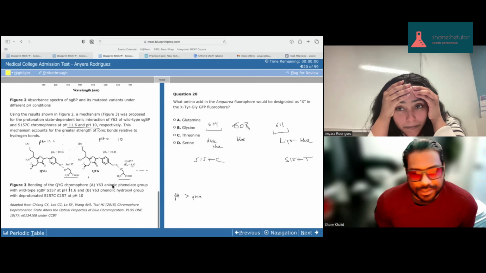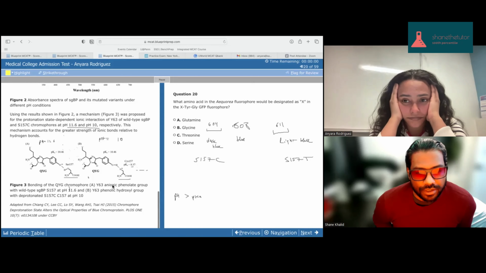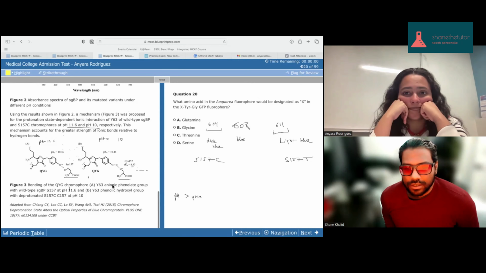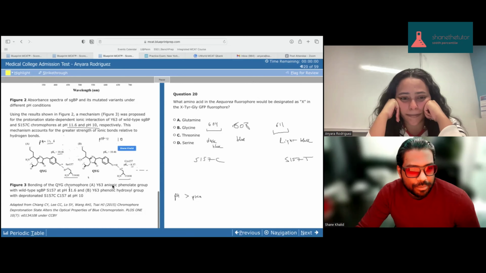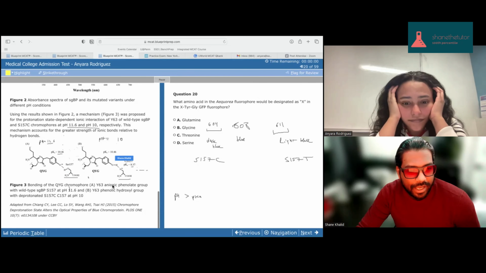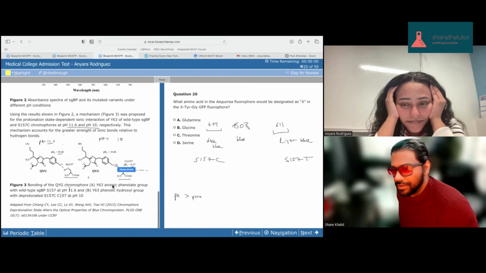Deprotonation, because the pH of the environment is larger than the pKa of the molecule. So the molecule is in a basic environment, and that should cause the proton to be removed. So we see that here, pH larger than pKa, deprotonation. And here, pH is less than the pKa, so it doesn't get deprotonated, so it's still there.